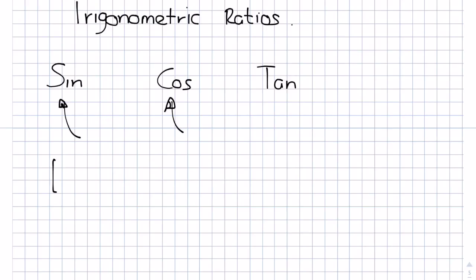In other words, here's a triangle. If this angle here is A, well then the angle up here, this one, that's going to be 90 minus A in a right angled triangle. So they're known as complement angles of each other.